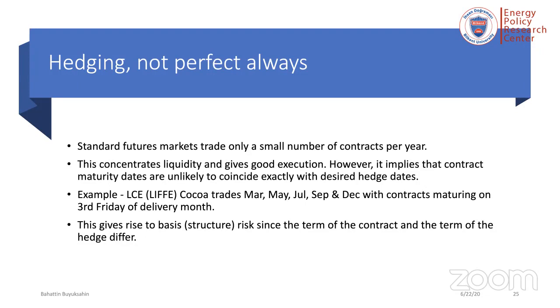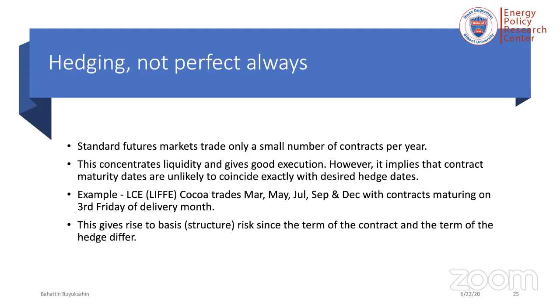Even if the hedger knows the precise date of purchase or sale, he might have to close his or her position before the delivery month. Like the WTI contract, you have to close it by June 22nd, and delivery is July 1st. There might be a mismatch between the hedge period and available delivery dates.